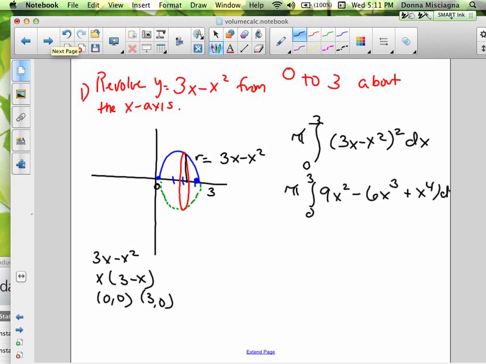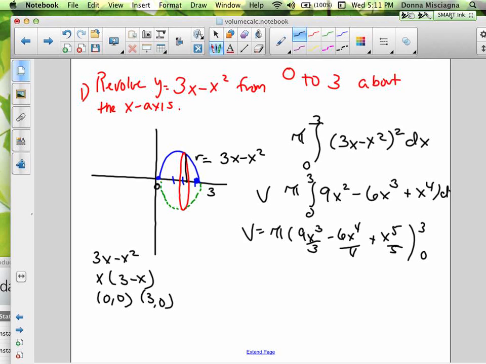All right, so now we'll integrate that. This would be pi times 9x cubed divided by 3, minus 6x to the 4th divided by 4, plus x to the 5th divided by 5, and we'll evaluate that from 0 to 3. I'm going to simplify that, and that's our volume.